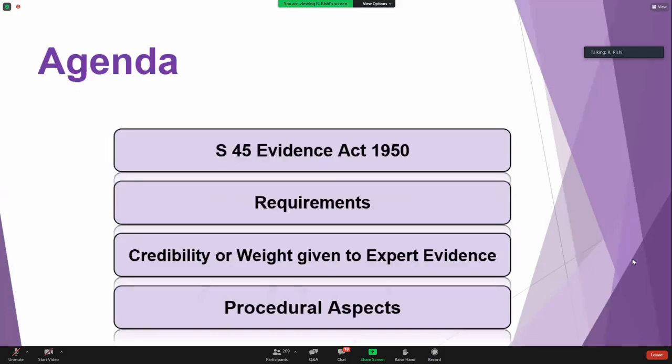And then we move on to touch on the credibility or weight to be ascribed to expert evidence. And finally, I will touch a bit on procedural aspects, as that is a somewhat dry aspect of expert evidence, but there is key pivotal information which commercial litigants and prospective parties dealing with litigation ought to be aware of.